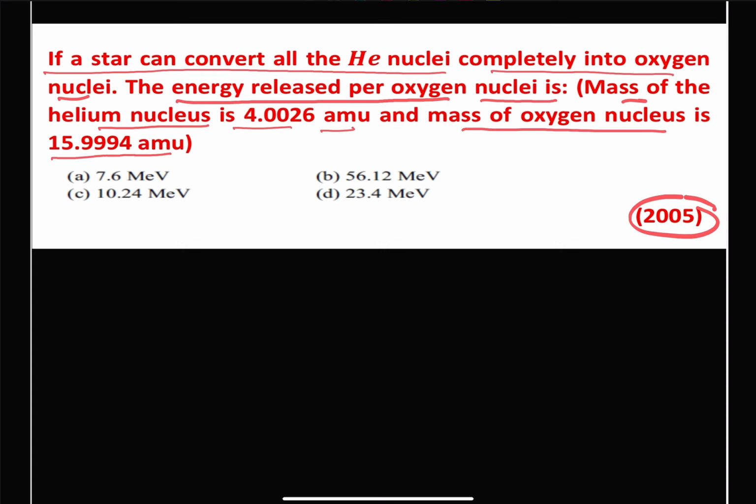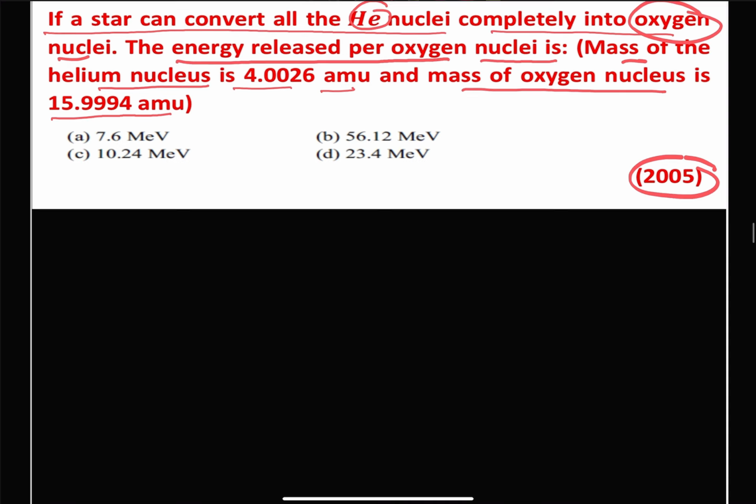And it says that all of the helium is converted into our oxygen. So we have to understand that our oxygen 16 is having 8 protons and 8 neutrons. And each helium nucleus is having 2 protons and 2 neutrons.